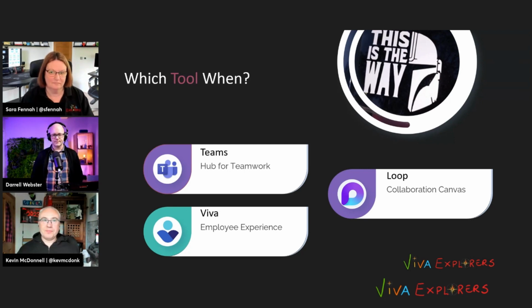So I think where we've got to is, yes, Teams is the hub for teamwork. And yes, that's where we perhaps communicate and start out our collaboration journey. Loop is that canvas where we can collect information from.